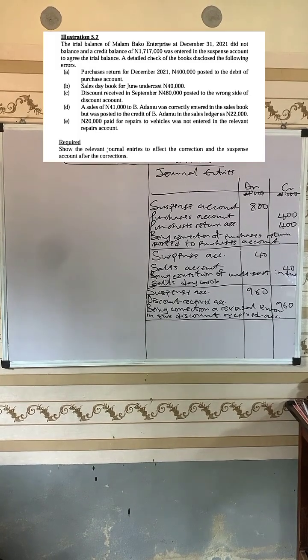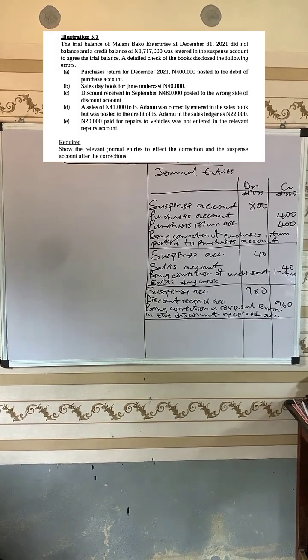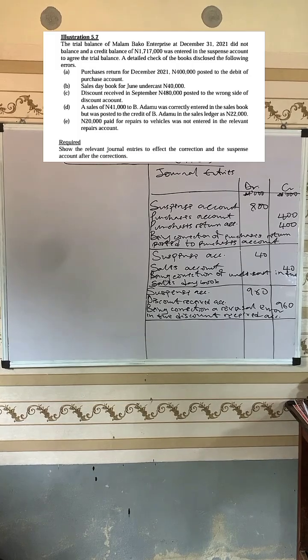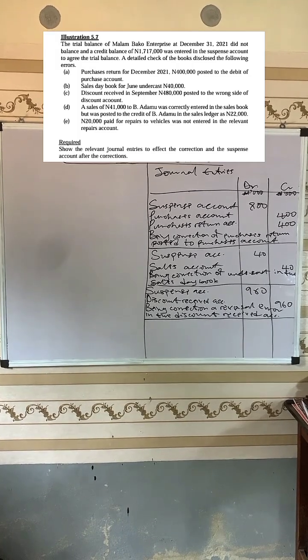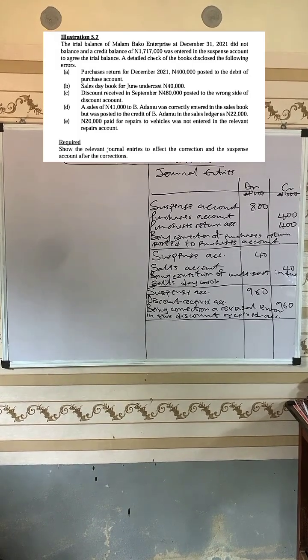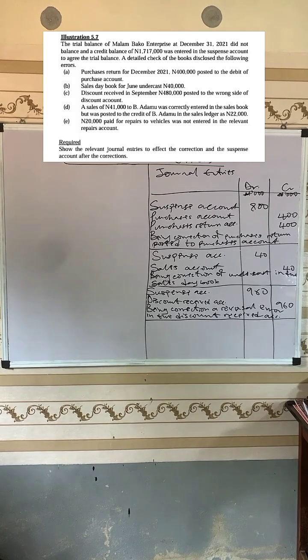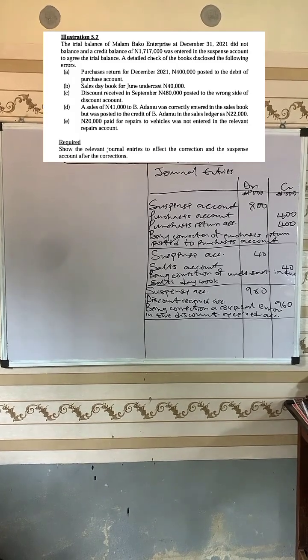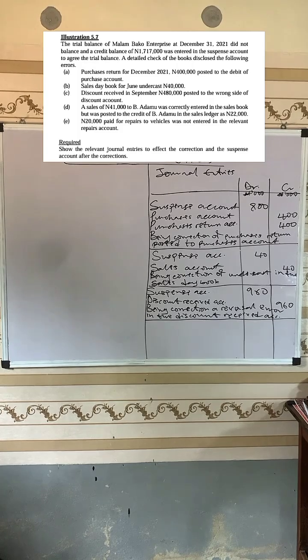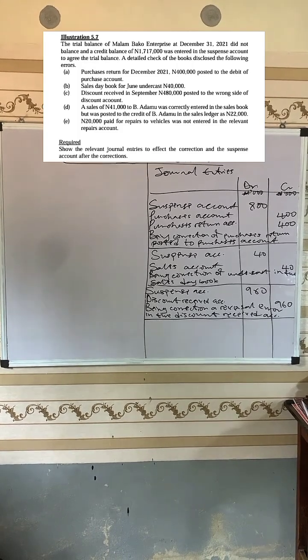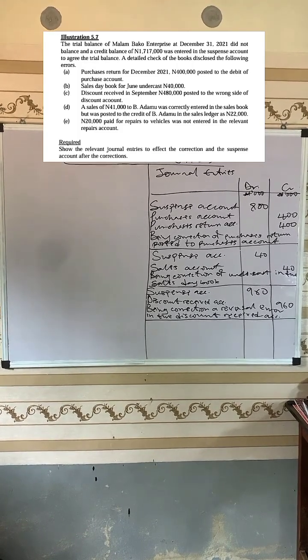Also, the actual reversal error was not accurate. So 22,000 was credited instead of 41,000. To correct it, we have to remove this 22,000 that is on the credit side.